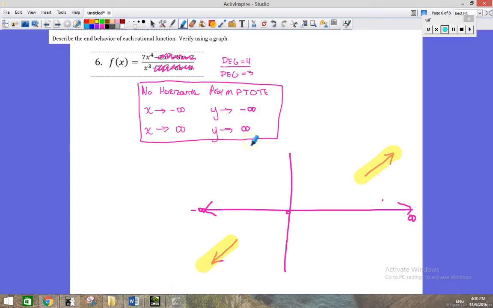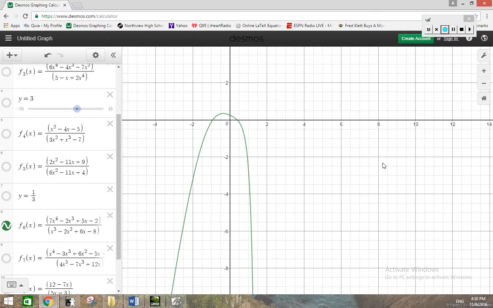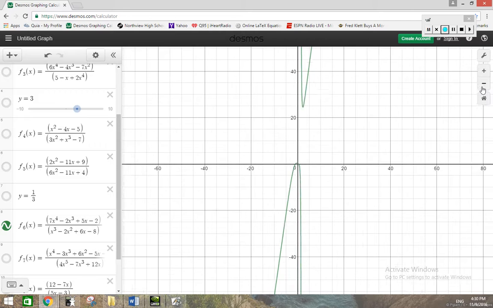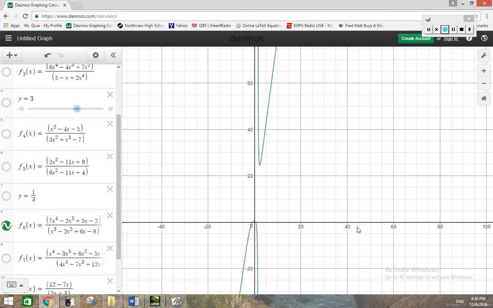All right, so I got a positive value there. Let's go back. Let's zoom out. Yeah, look at that. Okay. So I was zoomed in too close and I didn't see it.